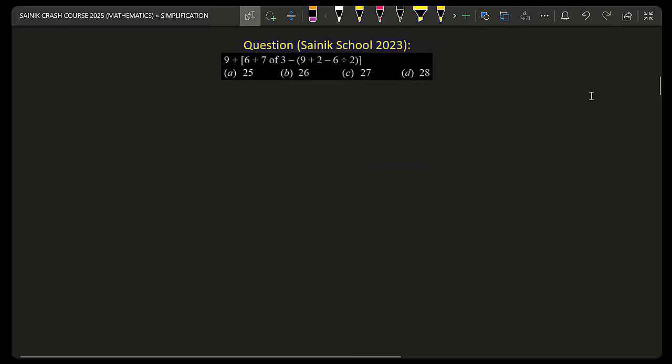All of you try the next question. 9 plus square bracket open 6 plus 7 of 3 minus small bracket open 9 plus 2 minus 6 divided by 2, small bracket close, square bracket close. Try to solve this, everyone. Himateja, can you answer this question?